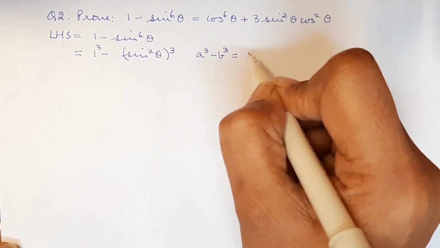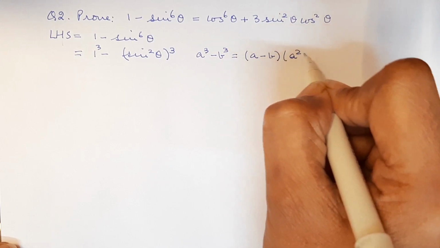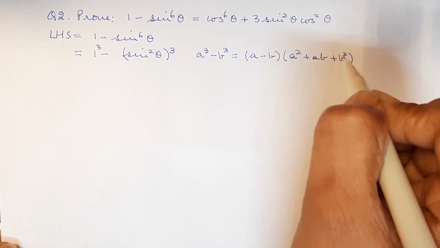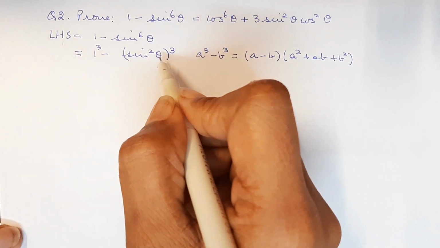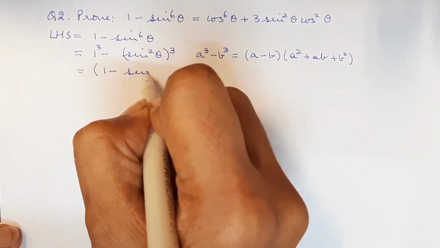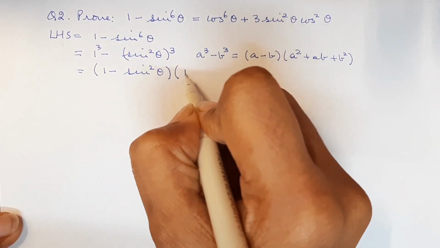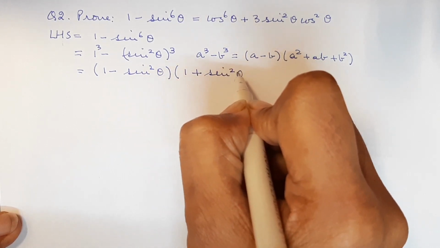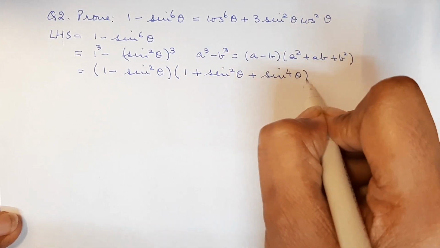So in order to simplify, shouldn't we write a minus b into a squared plus ab plus b squared? So what is our a here? 1. What is our b here? Sine square. And so we will write our factors as 1 minus sine squared theta, and the second bracket would be 1 plus sine square theta plus sine to the power 4 theta. Are we getting it?